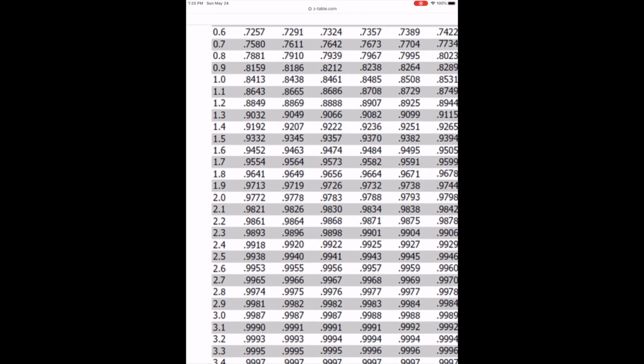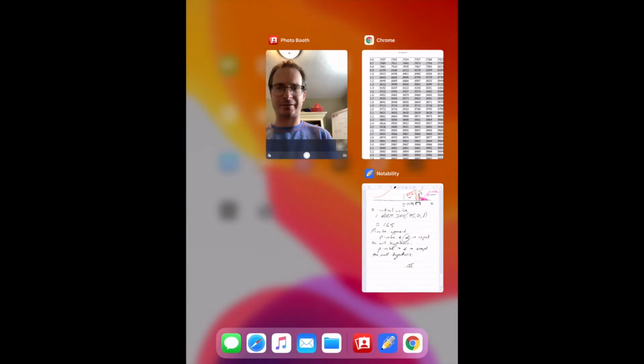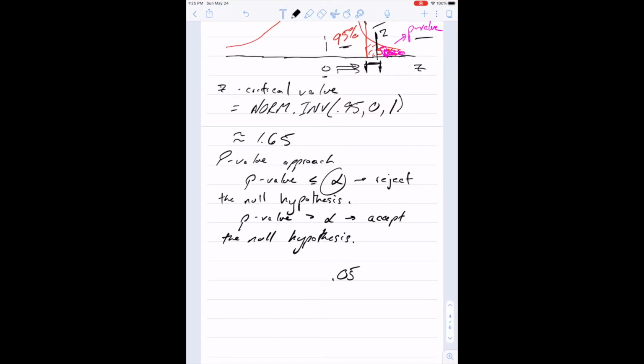So how do we get to the area to the right? The area to the left is 0.9772. So 1 minus 0.9772 equals 0.0228. Yep, that is less than or equal to 0.05. So we reject the null hypothesis.